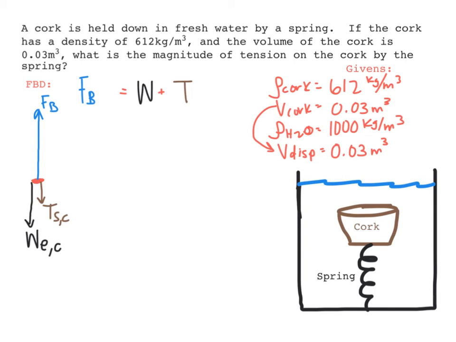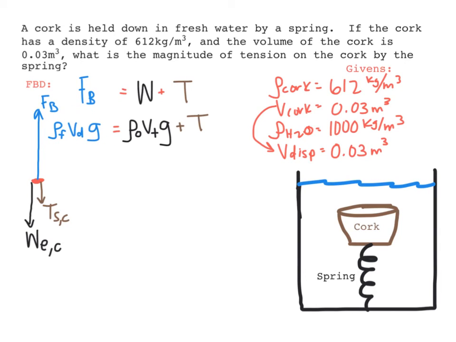Now I'm actually going to write out the formula for everything I know the formula for. So I'm going to break each of these down into anything that it can be broken down into. So I know that buoyant force is equal to density of the fluid times volume displaced times gravity.